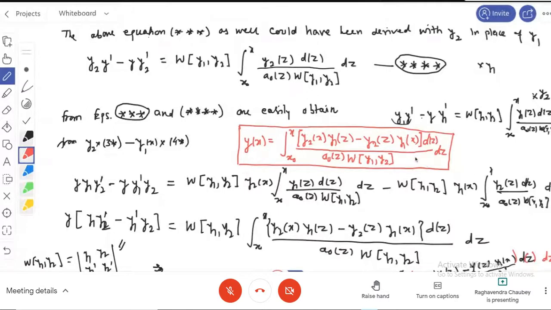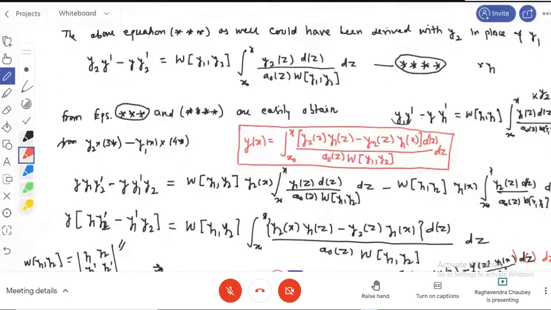If y1 and y2 are two linearly independent homogeneous solutions of Ly equals 0, then you can find the Wronskian and all those terms, and then you can directly find the general solution. So this is the formula, and you can find the solution directly from it.